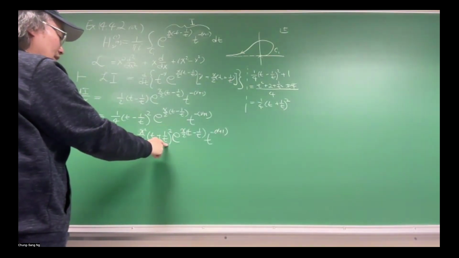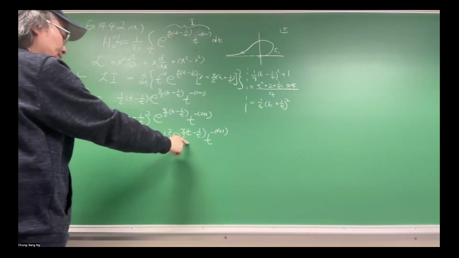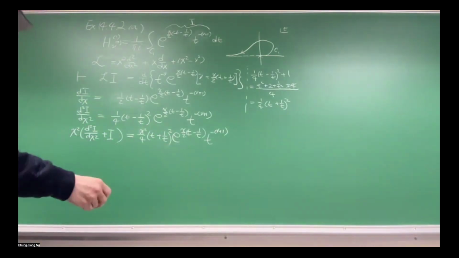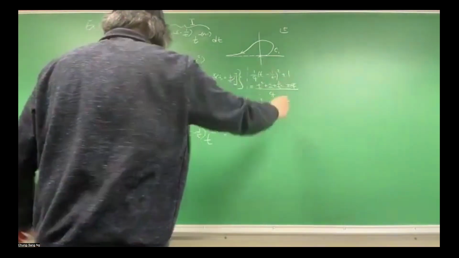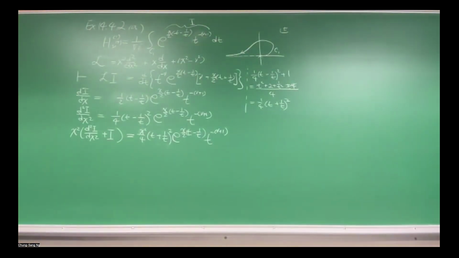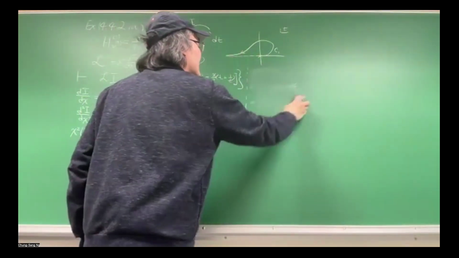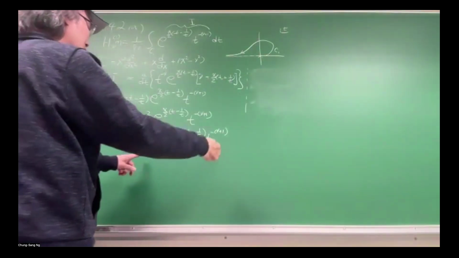You can use one of the factors and combine with that to change this to a d/dt of this one. This is just our work area. Okay, you got this, right? So, yeah, let's see what we'll get.